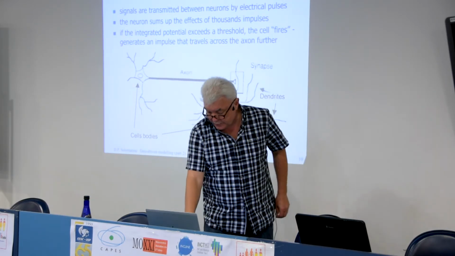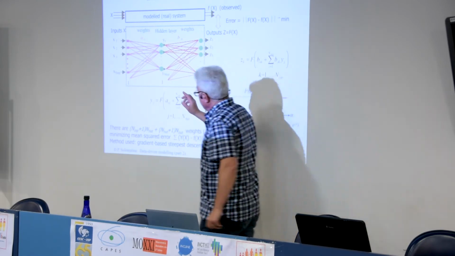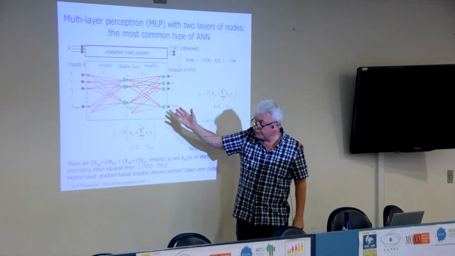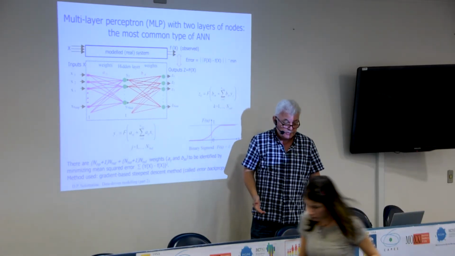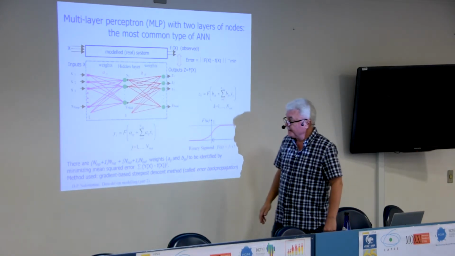So they started to develop this idea and came up with the idea that since we have neurons, these are these neurons here, and this as well, and you may have many layers of neurons. This is a two-layer network, which is widely used, but you may have many more layers, and then it will be called deep learning nowadays.